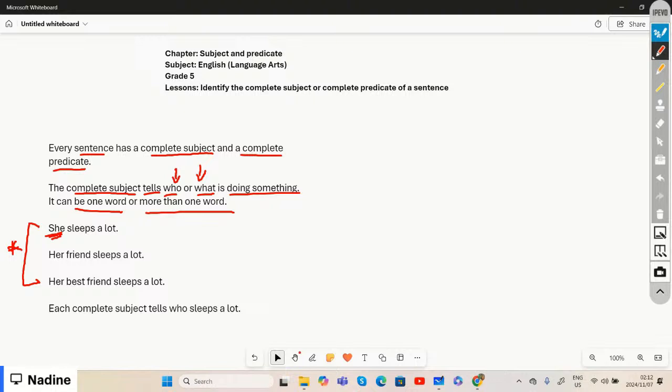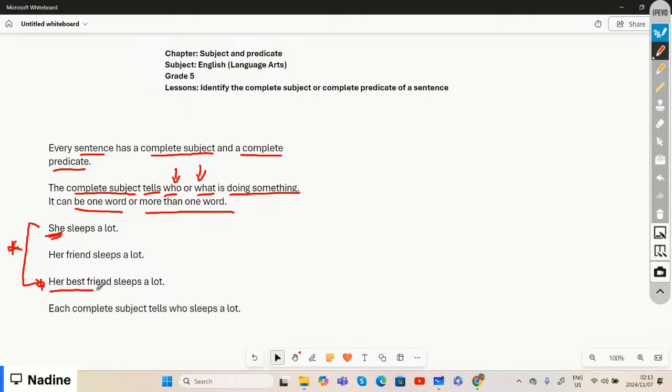Who or what in that sentence does something? Yes, the third one is her best friend.